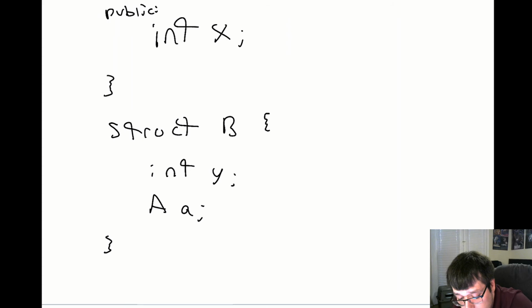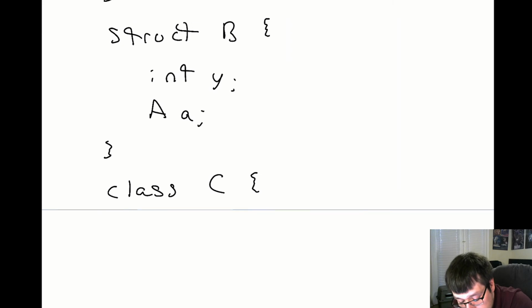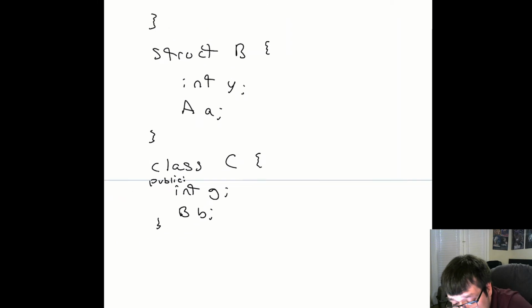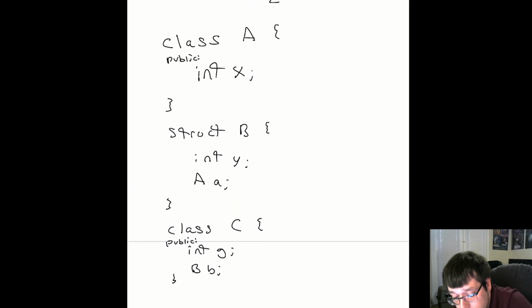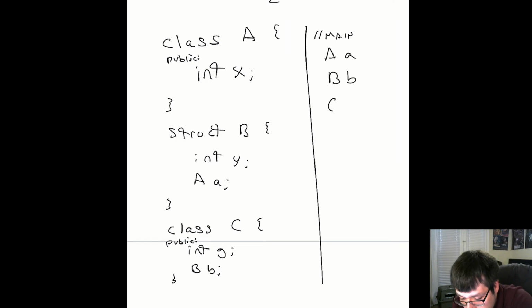Okay? And finally, we have a class C that has int G, and it has an object of B. Okay? So, in main, I make an object of A, I make an object of B, and I make an object of C.